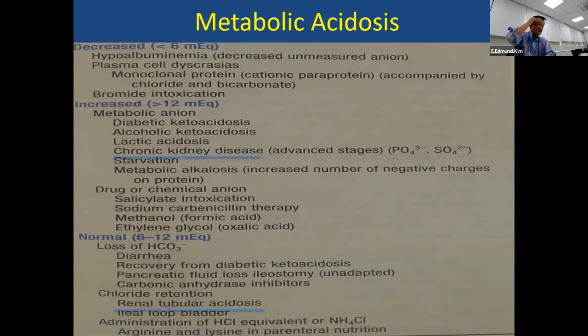Chronic renal disease makes metabolic acidosis. The anion gap is increased, so again you have to rule out hypoalbuminemia or some diarrhea, other things.